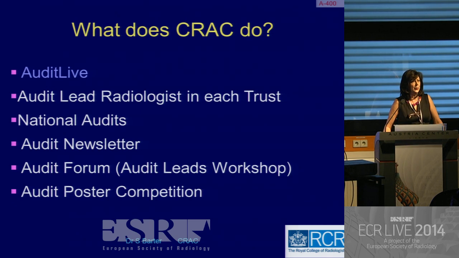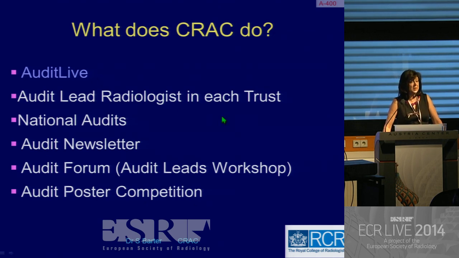What does it do? Well, we have 5 or 6 main areas where CRAC does work, and this is nationally within the UK. And I'm going to talk about all of these things. First, we have Audit Live, which I'm going to describe in detail in a moment.